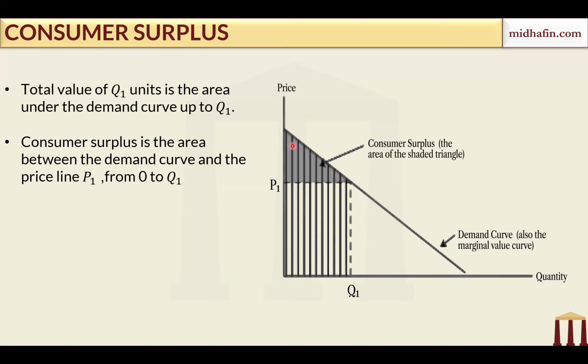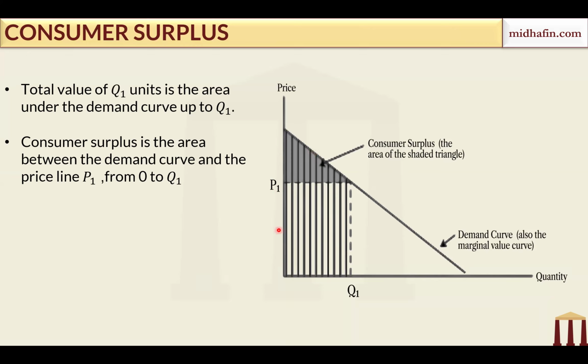As we move down the demand curve, let's say Q1 is equal to 10. For all 10 units, the consumer is paying less. But if there were only 5 units, then the consumer was willing to pay much more, higher than P1.